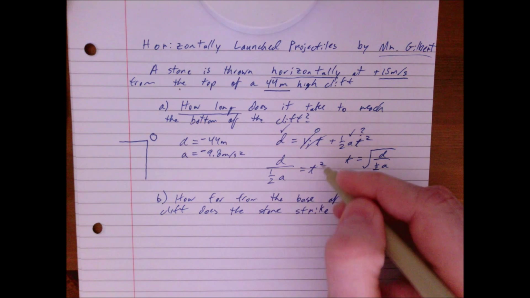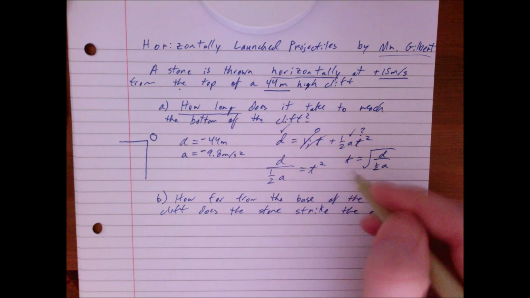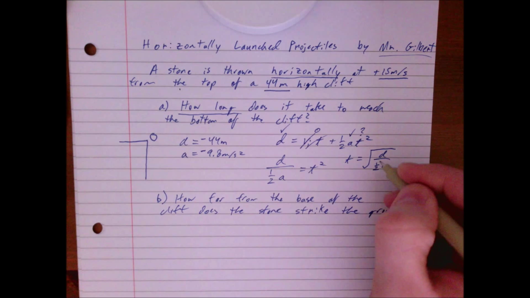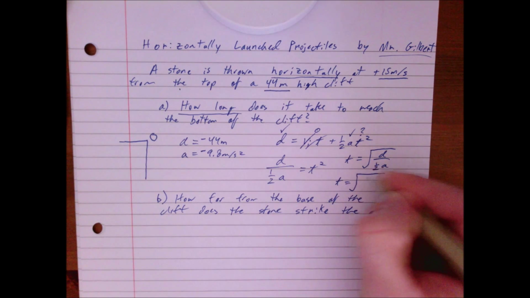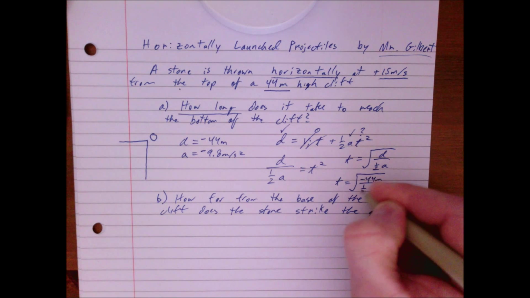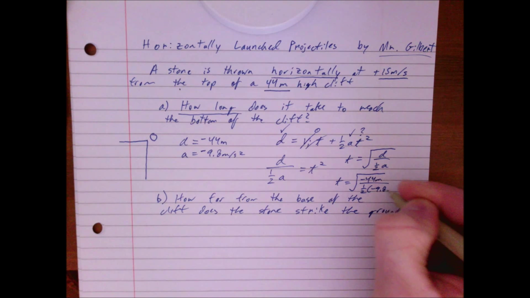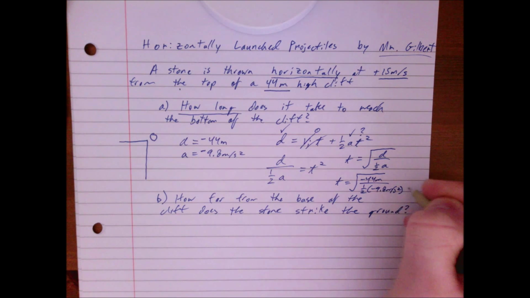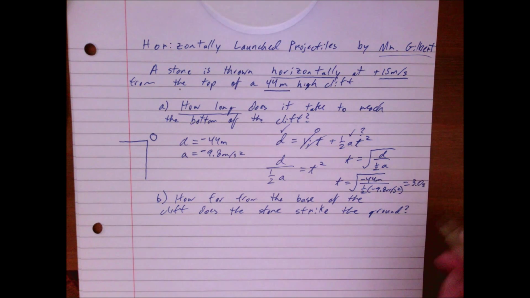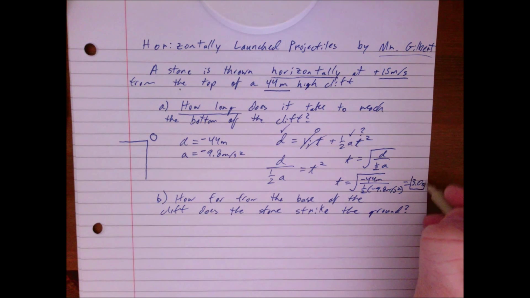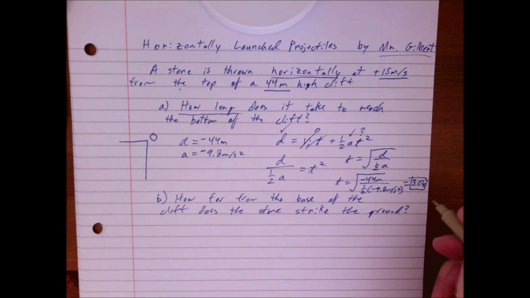I square rooted each side, got rid of the square on the t, and the square root on the other side stays. So the time is equal to the square root of negative 44 meters divided by 1/2 times negative 9.8 meters per second squared, which turns out to be 3 seconds. Okay, so we have an answer, 3.0 seconds.